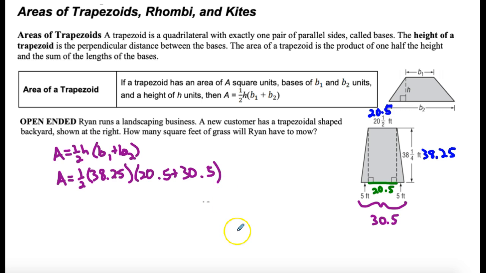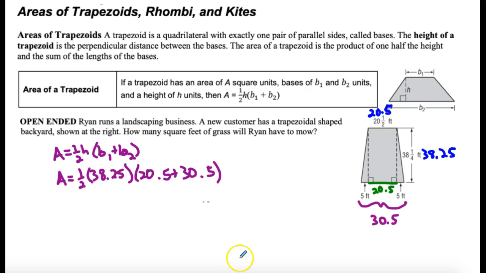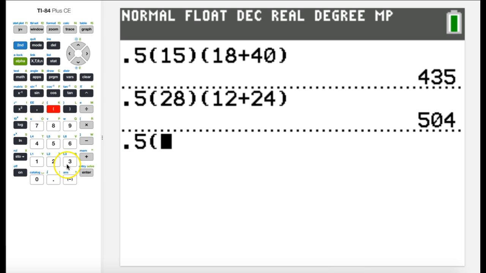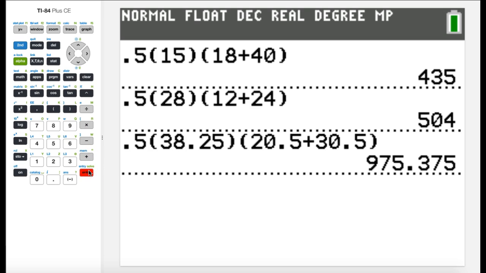Again, we can type all that into the calculator at once. So 1/2 times my height of 38.25 times my two bases, 20.5 plus 30.5, and that gets me 975.375.